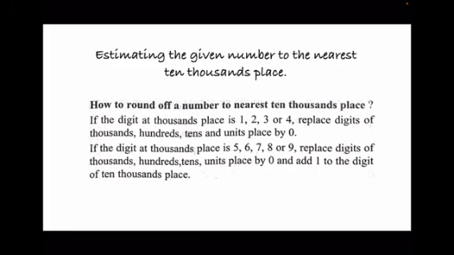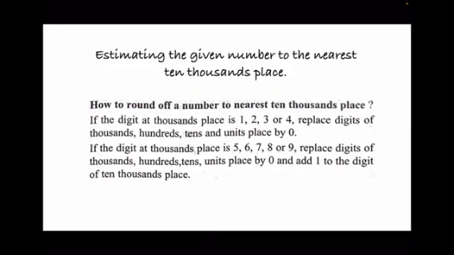When I talk about rounding off or estimating to the nearest 10,000s place, the digit to be considered is the thousands place, correct? If the digit at thousands place is 1, 2, 3 or 4, replace digits of thousands, hundreds, tens and units place by 0.